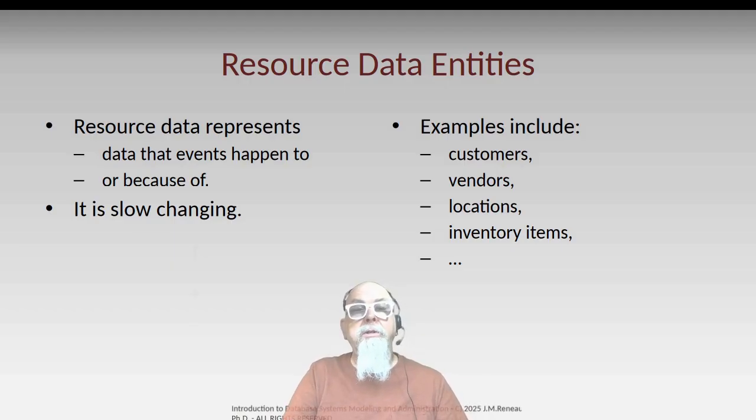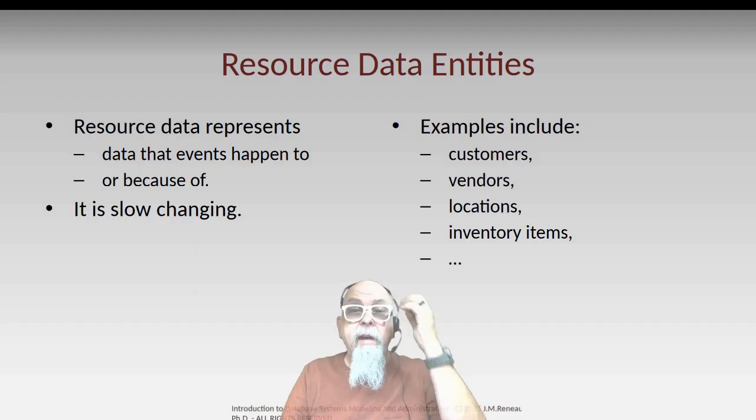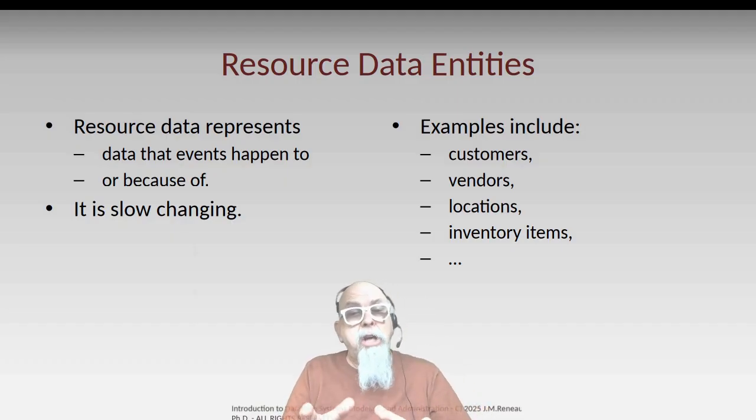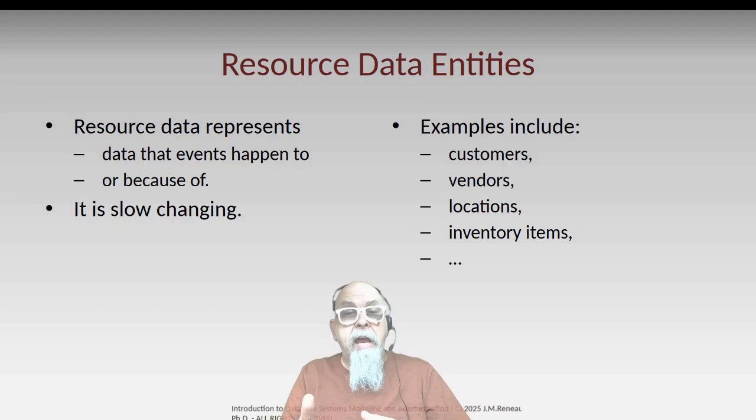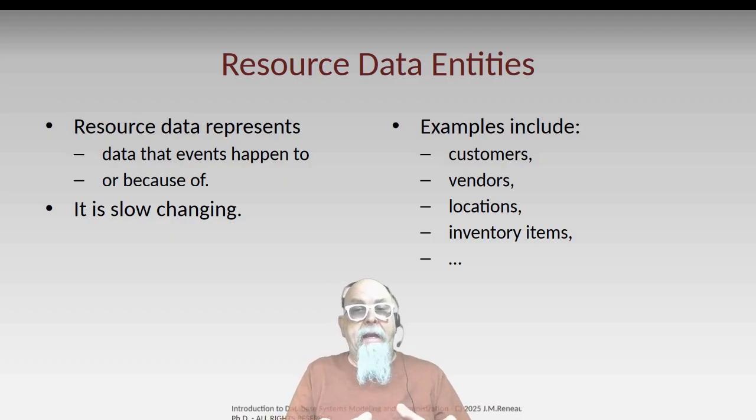Resource data is slow changing, but it changes occasionally. Maybe a student, if you had a student database where student was the resource entity with the category of sophomore, junior, senior, major, code, those types of things. The resource data entities can change. You can change your major, you can change your name, but they don't change very rapidly.